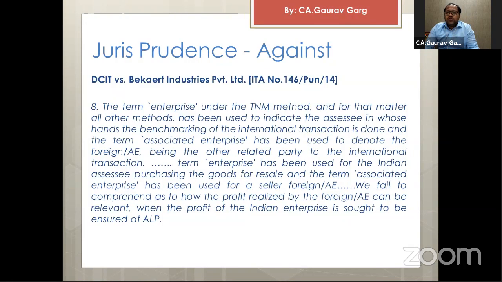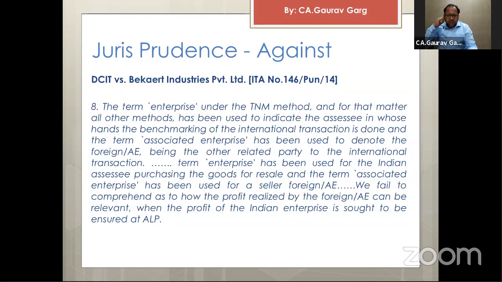And the term associated enterprise has been used to denote the foreign AE, being the other related party to the international transaction. The term enterprise has been used for the Indian assessee purchasing the goods for resale, and the term associated enterprise has been used for the seller foreign AE. We fail to comprehend how the profit realized by the foreign AE can be relevant when the profit of the Indian enterprise is sought to be ensured at ALP.